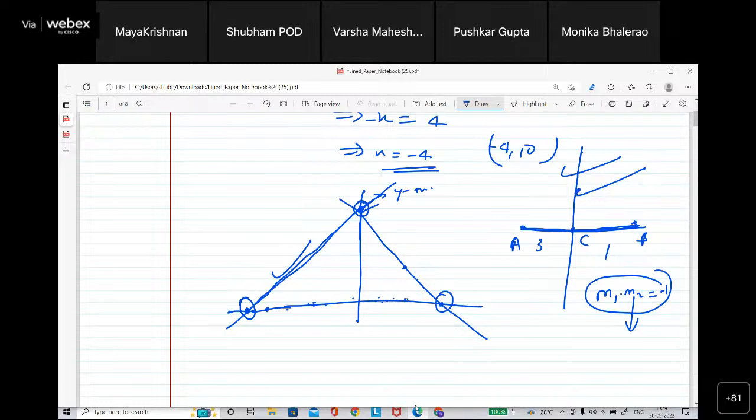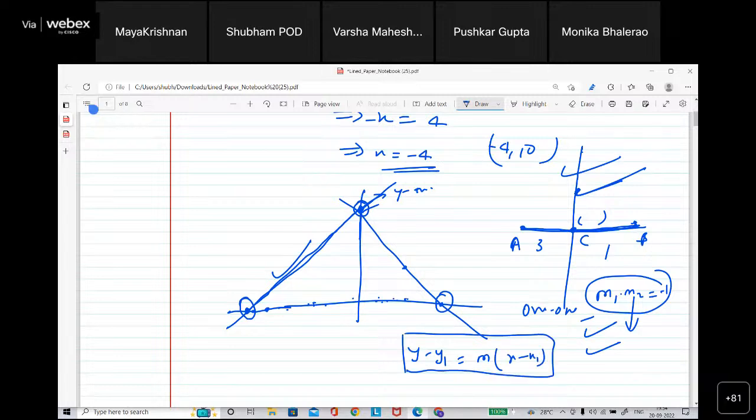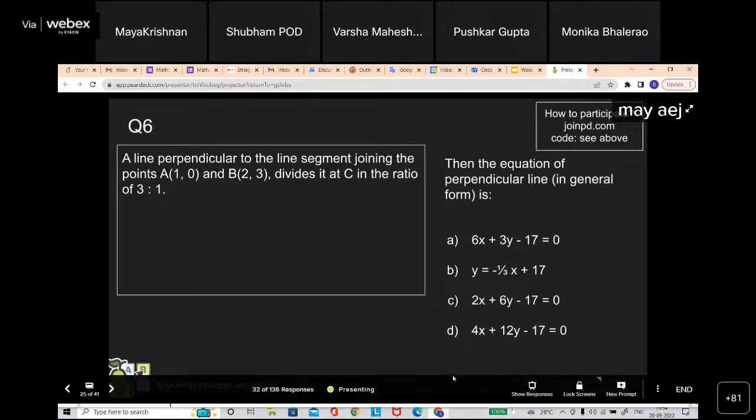Once you find the slope, using the section formula you can find the coordinates of this point. Then using the one point form, you have the slope and one point: y minus y1 is equal to slope times x minus x1. You can give the answer for that.